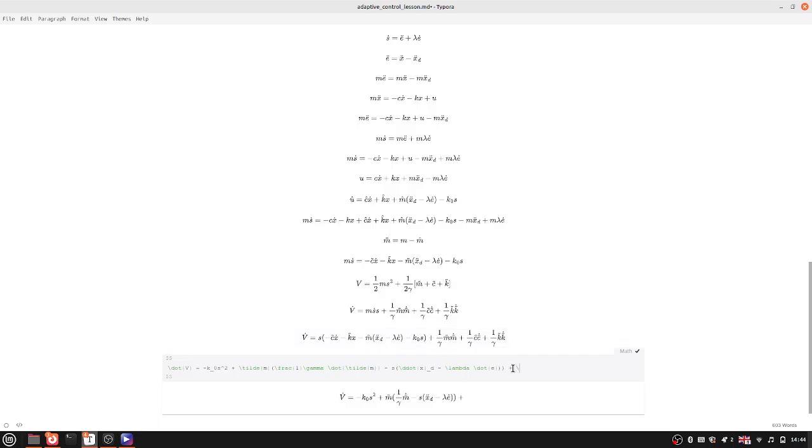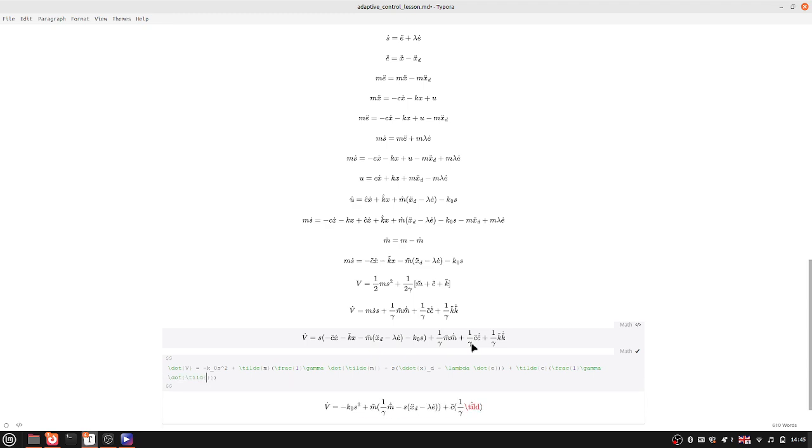Now we move on to C tilde. Let's look at C tilde positive. Well, same deal. It's 1 over gamma times C tilde dot, like so. And then the negative is just X dot S, which is nice and handy.